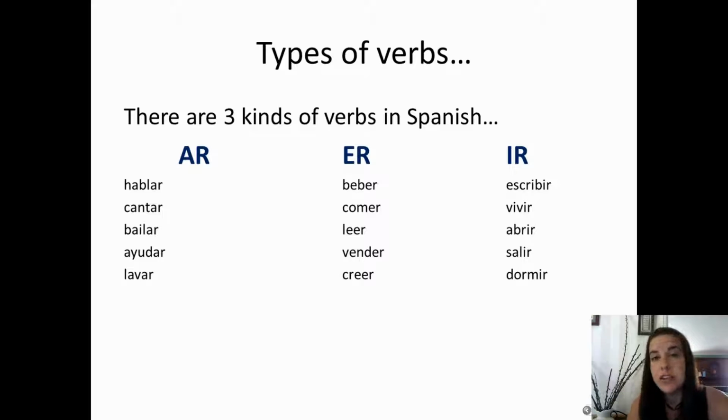In this lesson, you're going to learn how to conjugate ER verbs and IR verbs. Every ER verb will end with ER, like beber, comer, leer, vender, creer. And every IR verb will end with IR. Escribir, vivir, abrir, salir, dormir. All of them will look the same with those two last letters being IR.